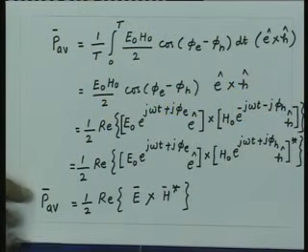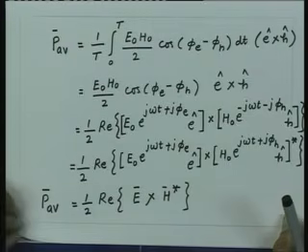So, it is possible at a particular location the instantaneous Poynting vector might be negative or positive, but when you calculate the average Poynting vector, that will always be positive and that will give me the net power flow which will be associated with those electric and magnetic fields. So, this is the concept which is very regularly used in finding out the average power flow associated with an electromagnetic wave.